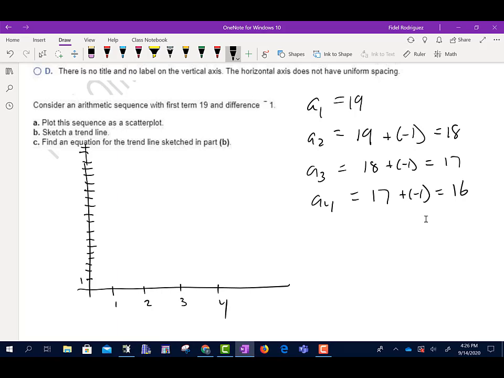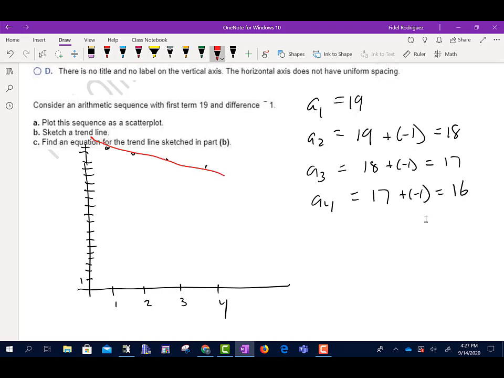There we go. Okay, so the first term is up here at 19. Number 2 is going to be 18. Number 3 is going to be 17 and 16. And my sketching the line is going to look something like this.